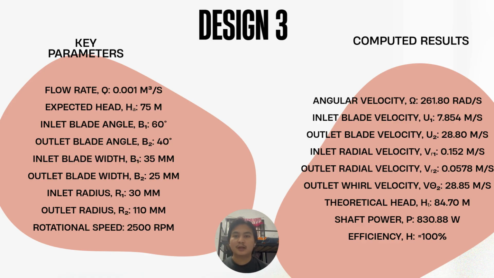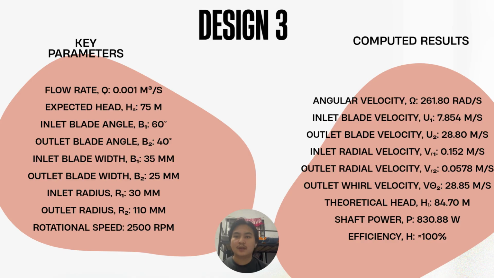As for the computed results, we obtain that the angular velocity is 261.80 radian per second. The inlet blade velocity U1 equal to 7.854 meter per second, and the outlet blade velocity U2 is equal to 28.80 meter per second. The inlet radial velocity VR1 equal to 0.152 meter per second.